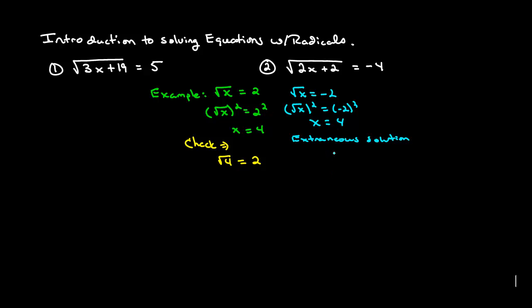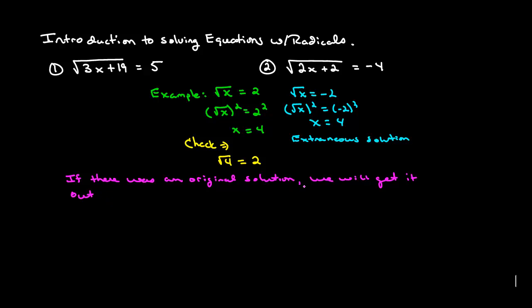So what happens is when we square both sides, let me write it down like this. If there was an original solution, we'll get it out at the end, right?